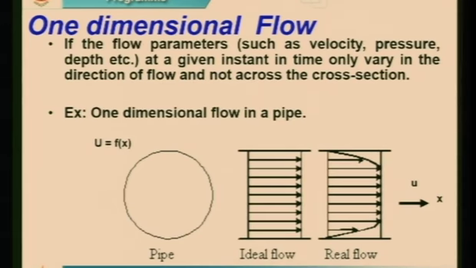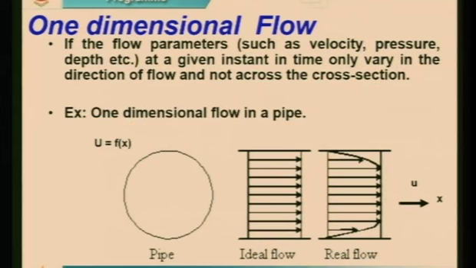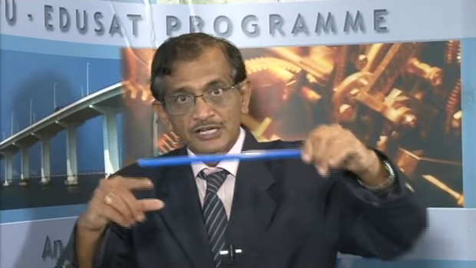So, u is only in the direction of x, correct. You can see it is only in the x direction. So, it is one dimensional flow. It means I am able to define the fluid flow or fluid characteristics with only one dimension. u is a function of x, like this. A train which is going on a straight line, we can say u is a function of x. It is a one dimensional flow.